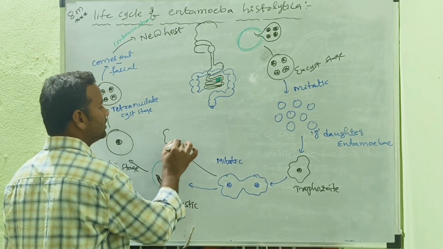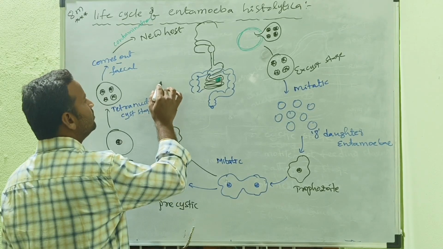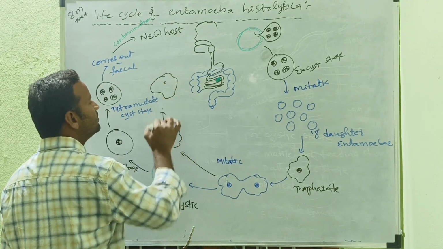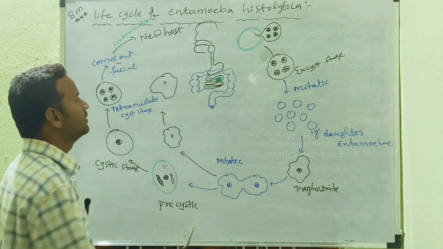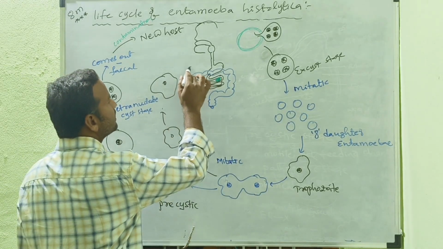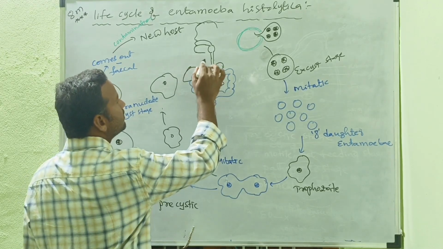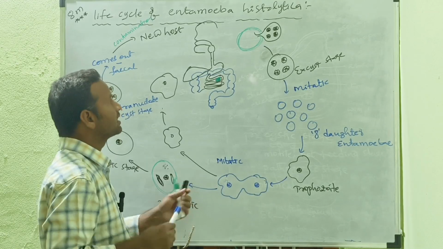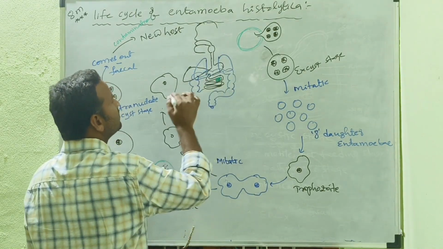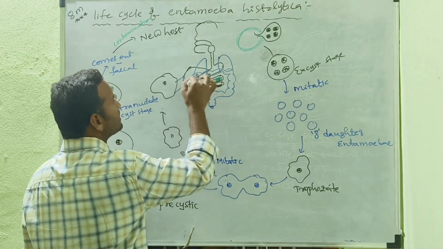Sometimes the trophozoite enters the bloodstream due to rupturing of the blood vessels or blood capillaries. Then primarily it reaches, for example, this is the liver. Then these are the lungs. You know very well. It reaches the liver as well as the lungs.